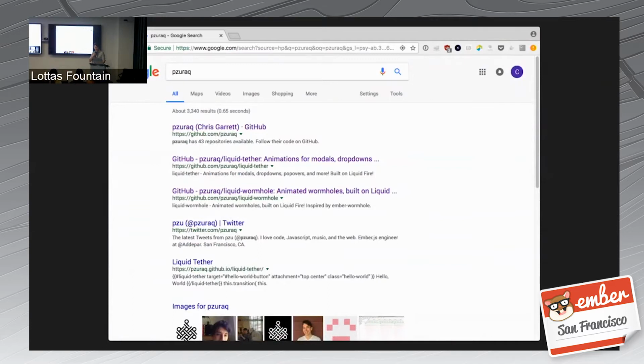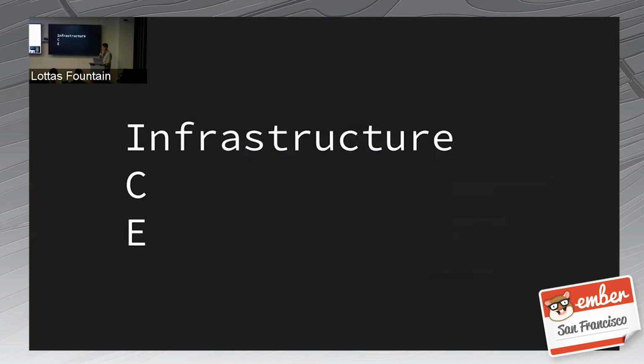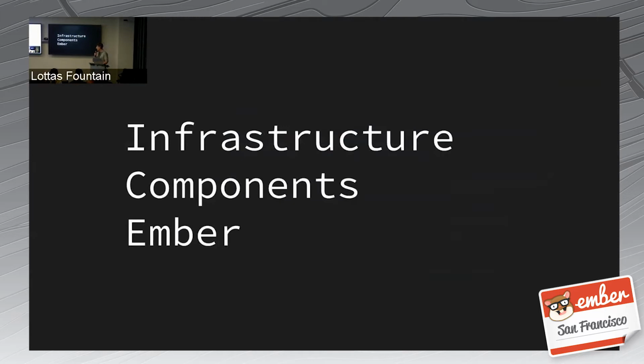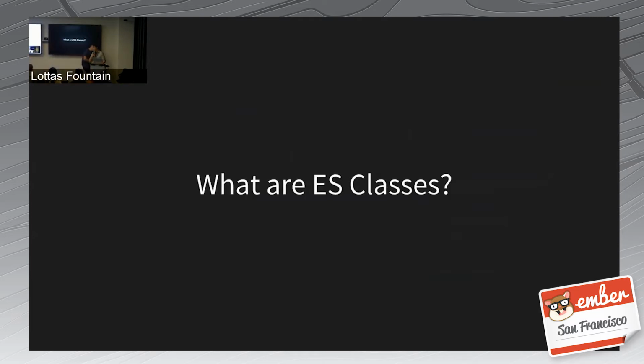That's why I chose that name. And like Eric said, I work at Datapart in FinTech on the ICE team, which stands for Infrastructure, Components, and Ember, because we love our TLAs. And, of course, we're hiring. So talk to me after if you're interested.